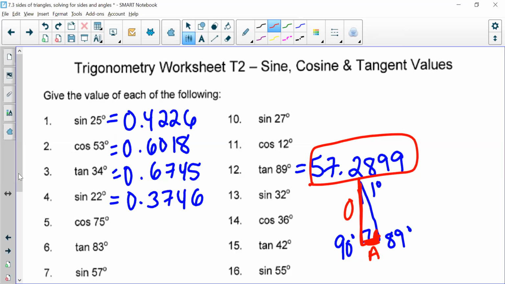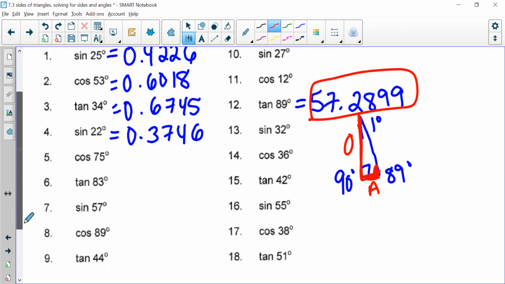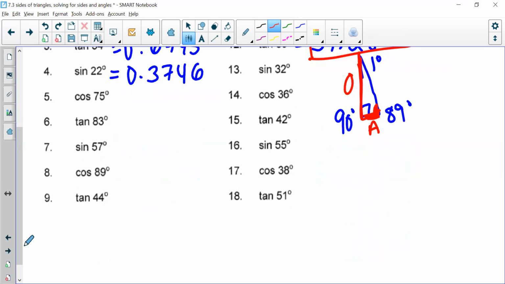Brandon, what makes you think that it wouldn't be longer on the opposite side? My diagram is really bad here. What makes you think it wouldn't be longer? Actually, I'm not even sure. It's part of my drawing. Okay, I can't even do this properly. I can't even draw a 1 degree angle. That's probably the hard part. If I'm looking at this angle down here, my opposite is this vertical one.